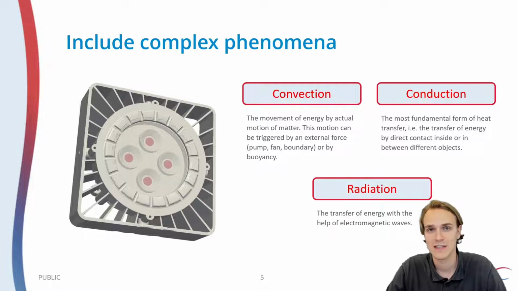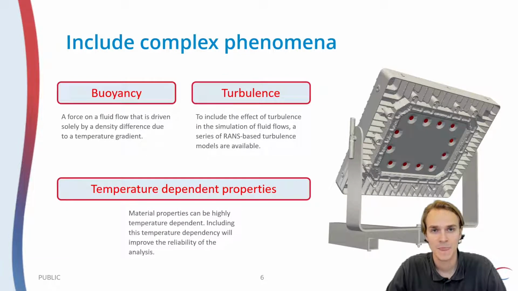Whether that is natural convection or forced convection, all of these can be modeled in ColdStream. And then lastly, you have radiation, which is the transfer of energy through electromagnetic waves. This phenomenon can also be modeled in ColdStream quite easily and conveniently.